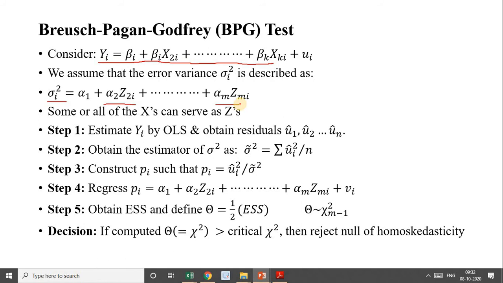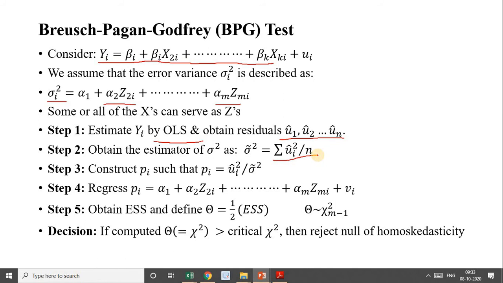Using this model, how can we find out whether there is a problem of heteroscedasticity? First, run a regression and obtain the error terms u1, u2, u3 up to un. Then obtain the sigma tilde square, the sum of u cap square divided by n.